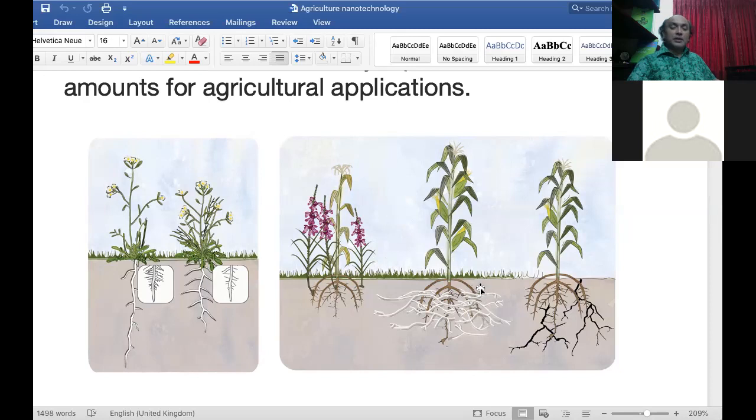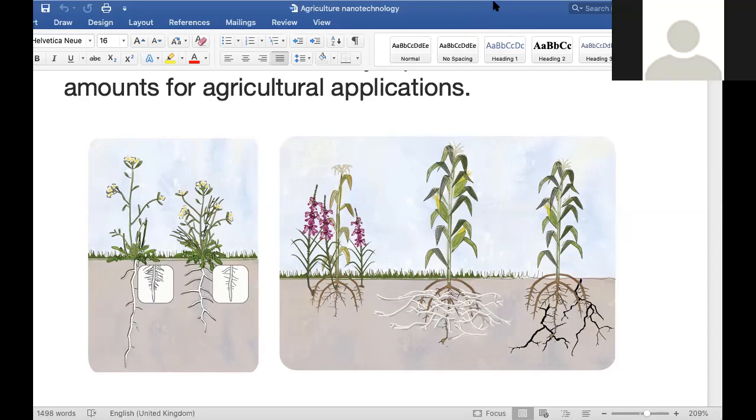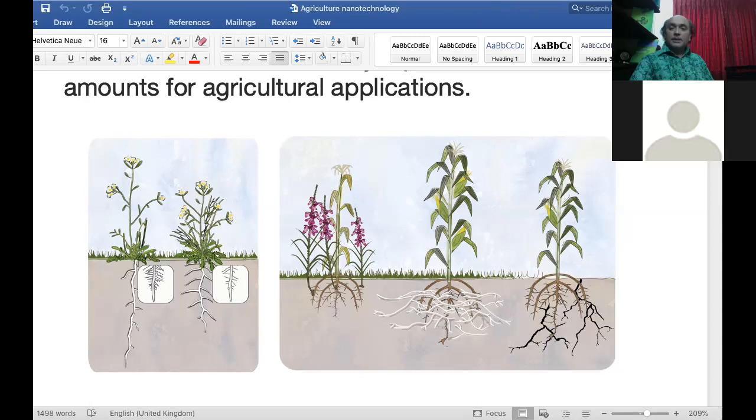So you can clean your land by using this technology, but you need a higher amount. So genetically engineered microbes can be utilized in that case. So this is all about today's lecture. Now let us discuss a little bit with you, and if you have any question, please ask me.